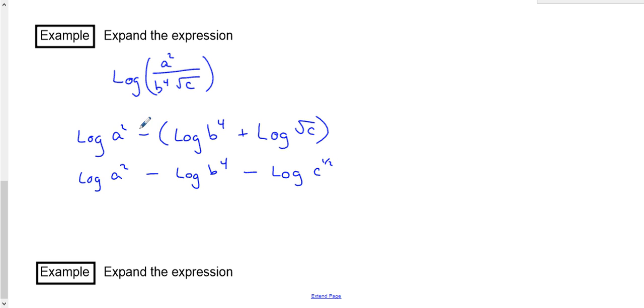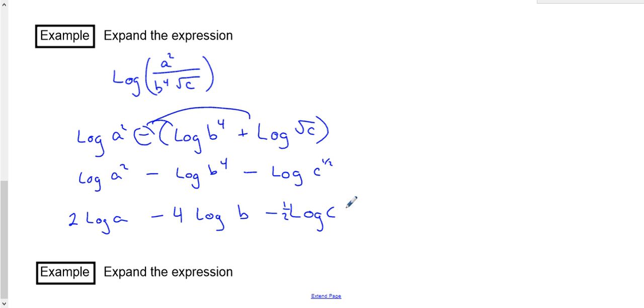Okay, so what I did was I distributed the subtraction, so I'm really subtracting both of those. And now I have all exponents here, and I'm going to move them out to the front of each expression. So 2 log of a minus 4 log of b minus 1/2 log of c.